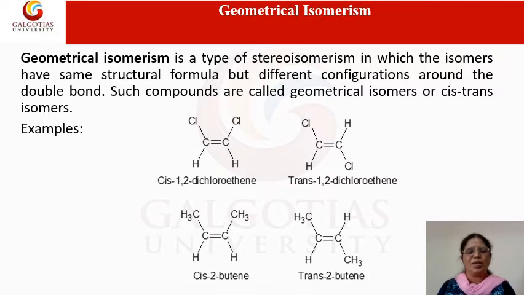Two chloro groups and two hydrogen groups are on the same side. Whereas in another structure, the similar groups are on opposite sides. So the first one is the cis isomer and the second one is the trans isomer.